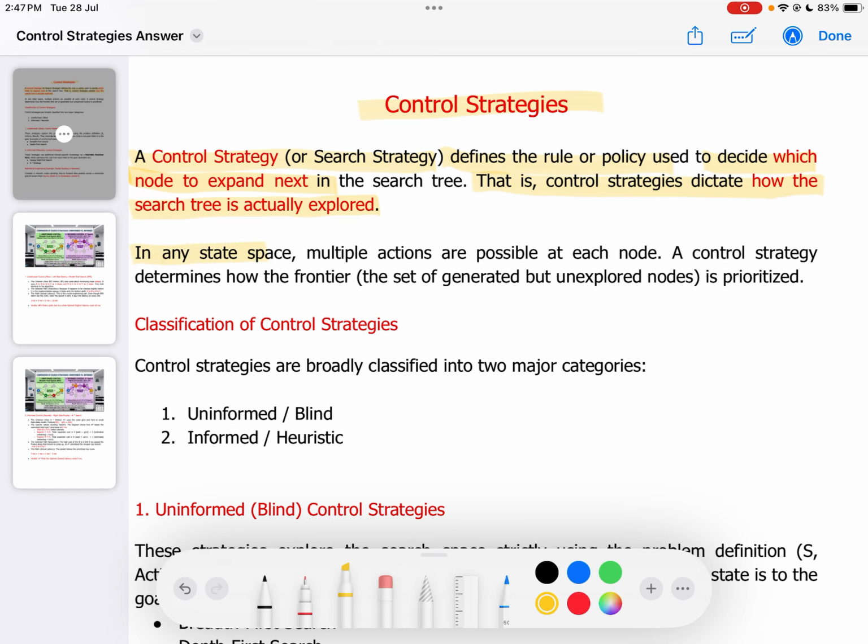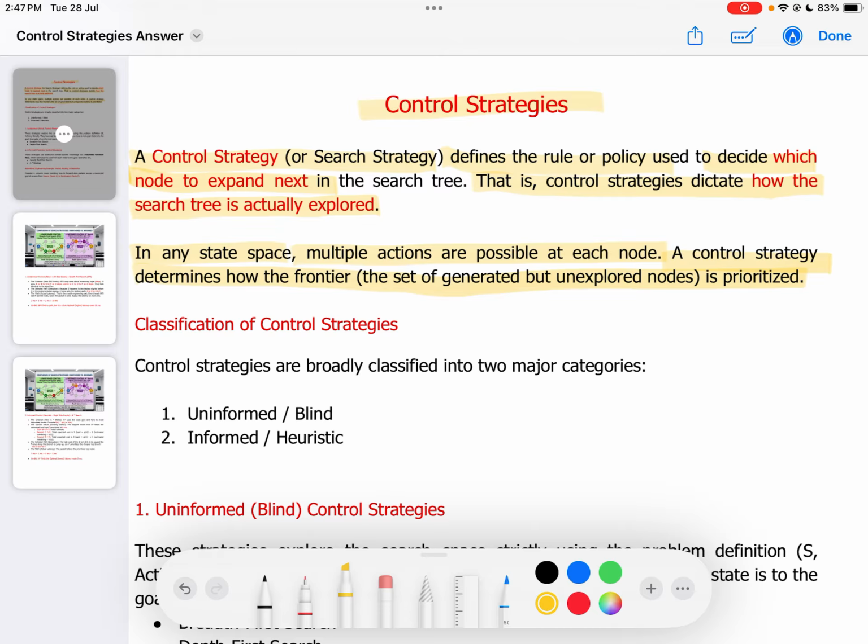In any given state, there could be multiple actions that are possible at each node. A control strategy determines how the frontier or data structure is prioritized and how the node is explored.